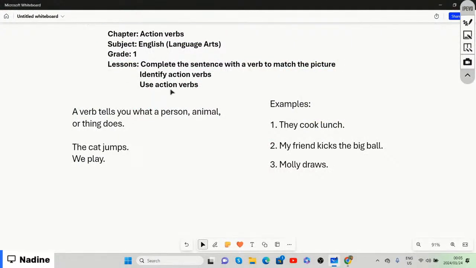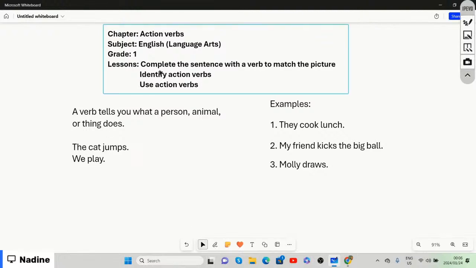All right, so before we start, we said our chapter is action verbs. The subject is English language arts, grade 1, and the lessons that we are focusing on under the chapter of action verbs are complete the sentence with the verb to match the pictures, identify action verbs, and also use action verbs.